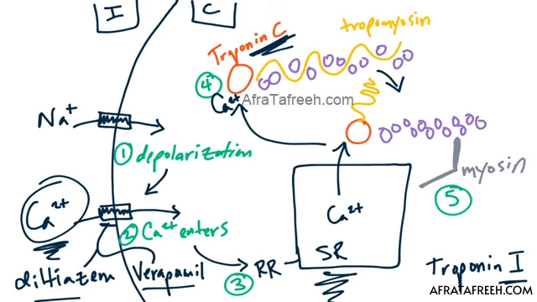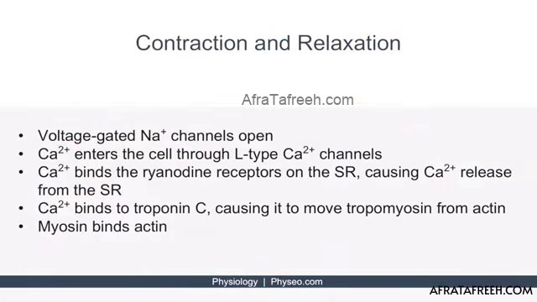Okay, let's see what your text says. So, voltage-gated sodium channels open. This causes the cell to depolarize, which then causes calcium to enter the cell through L-type calcium channels.